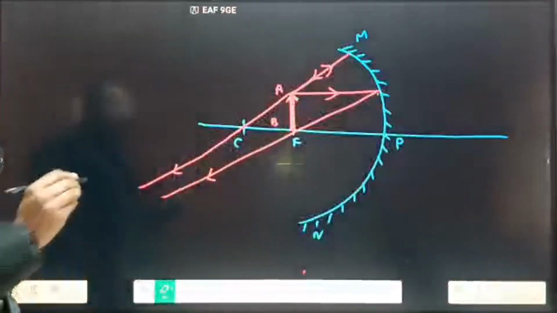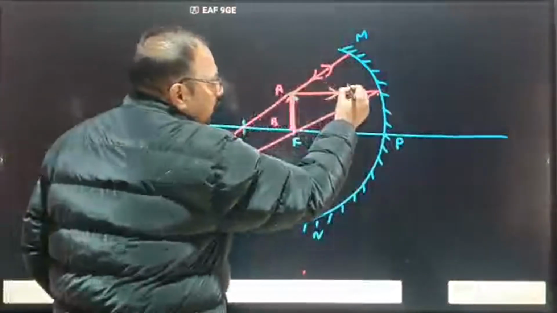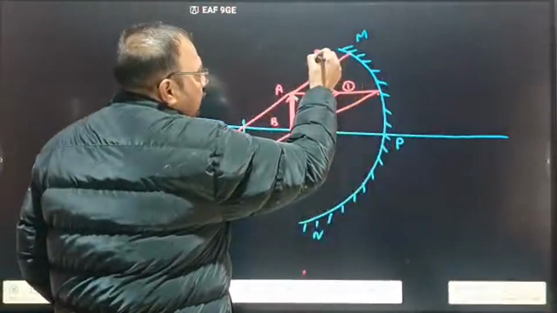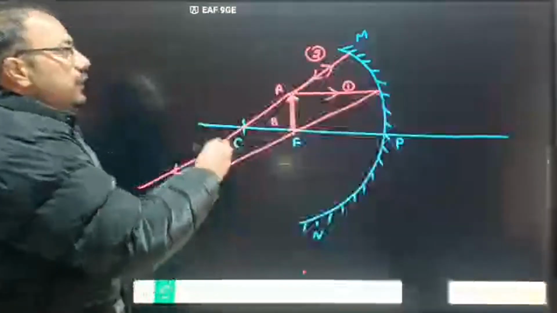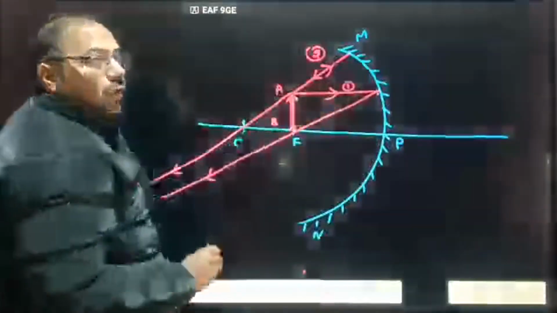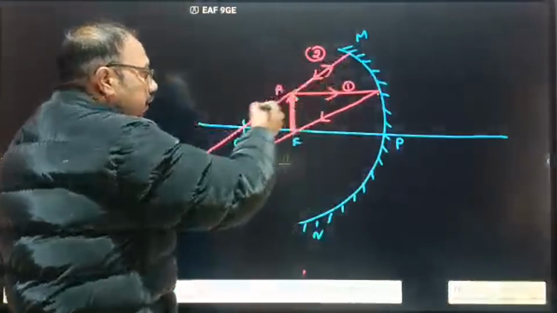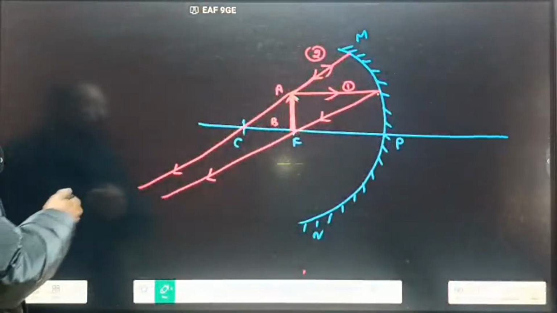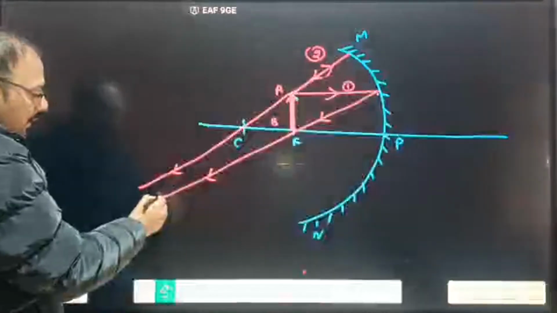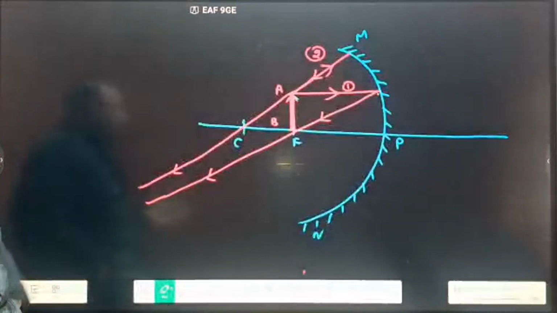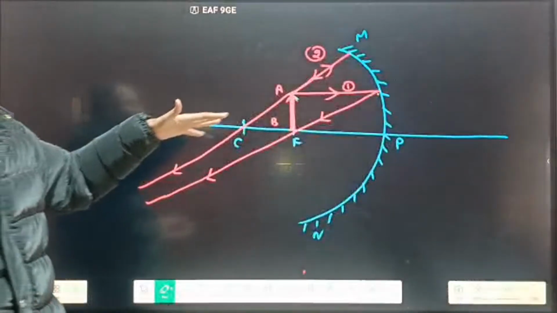Okay, so here we take, this is the first incident ray and this is the second incident ray. So the first incident ray strikes on the object and is reflected, and the second is reflected in the back direction and passes through here. So these lines never intersect, so they cut at the infinity position.